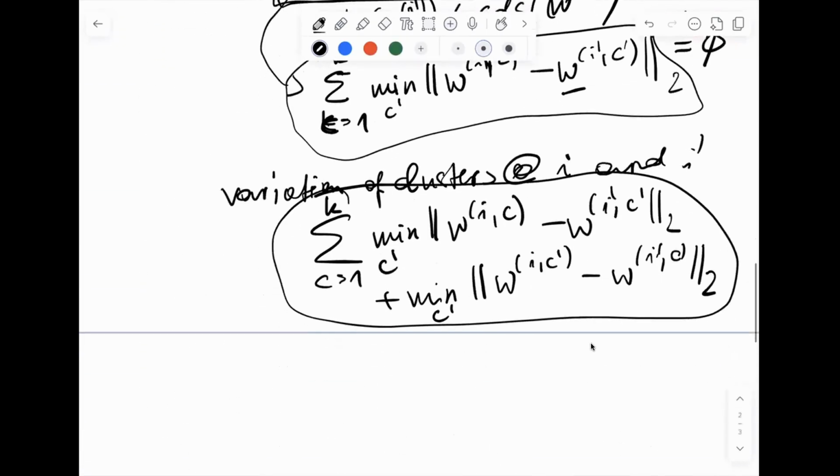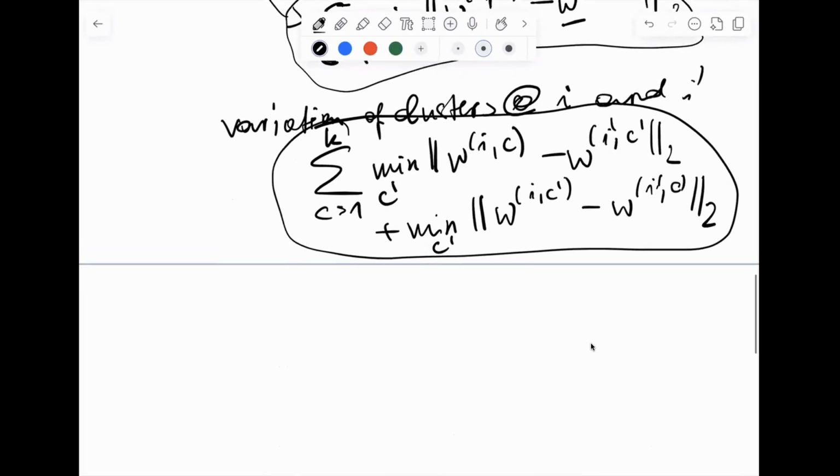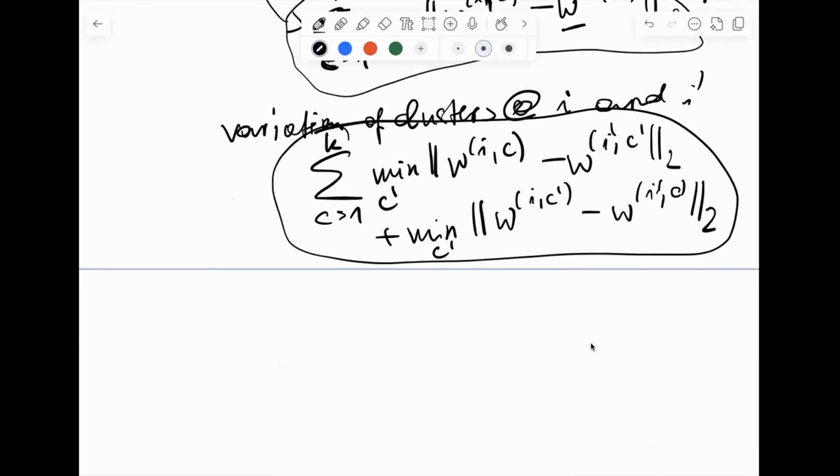Okay, but it turns out that enforcing this, so working with hard equality constraints, is a bit more challenging. So we do something that is related to Lagrangian duality.